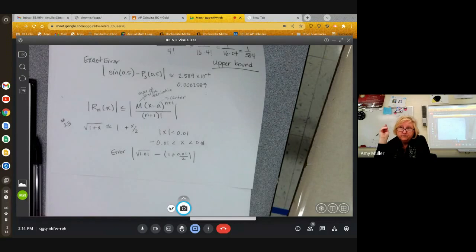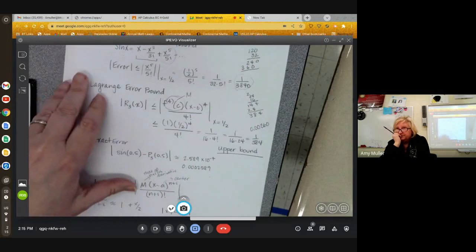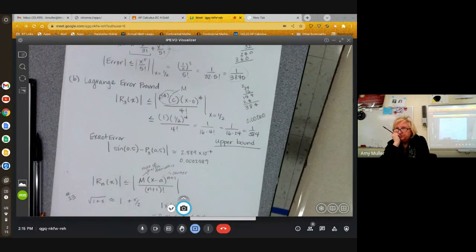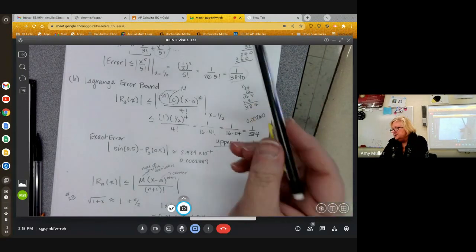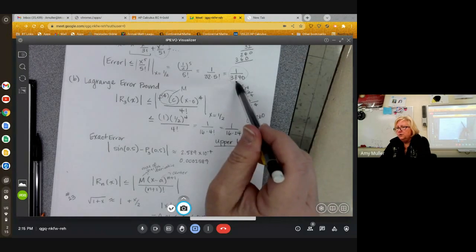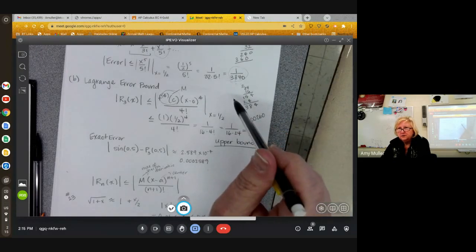Okay. I was wondering, back on like 19, why would the alternating series error bound be more specific than the Lagrange error bound if you're skipping one for the alternating series? Because this is going to be smaller because it's one more term away. Is that what you're asking me?